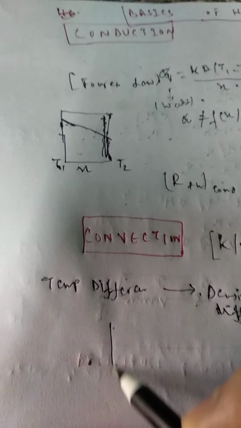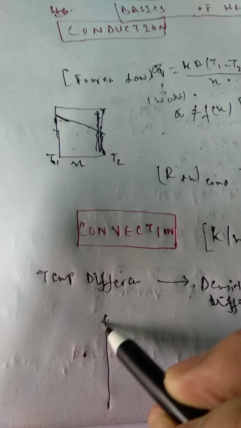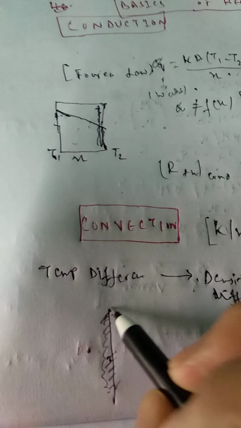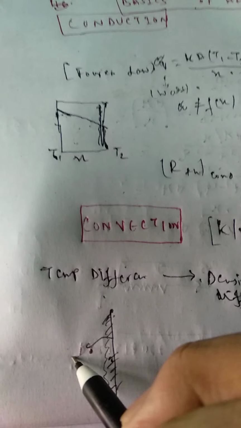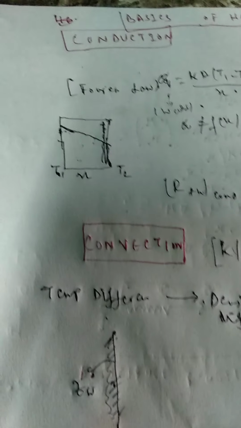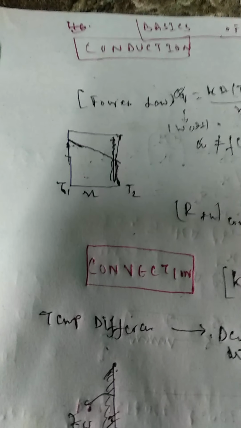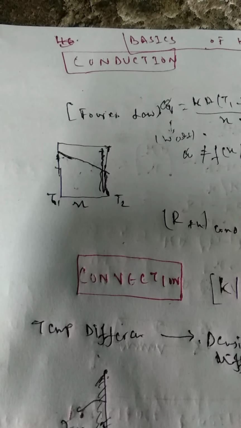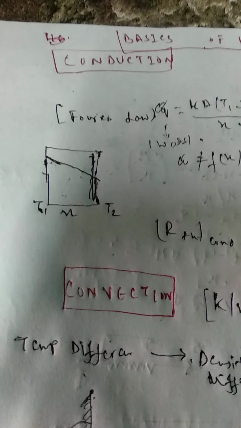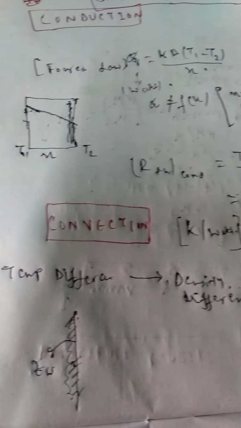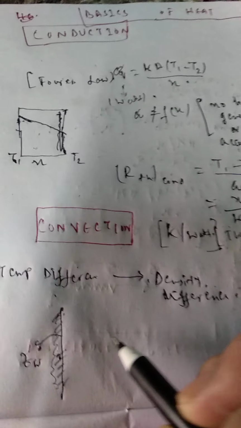Now suppose there is a plate which is maintained at a uniform temperature TW, which is higher than the surrounding fluid temperature, TF.